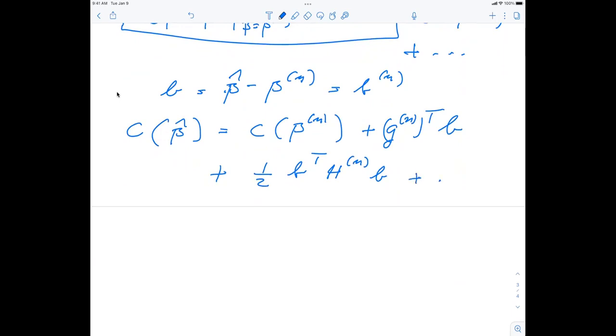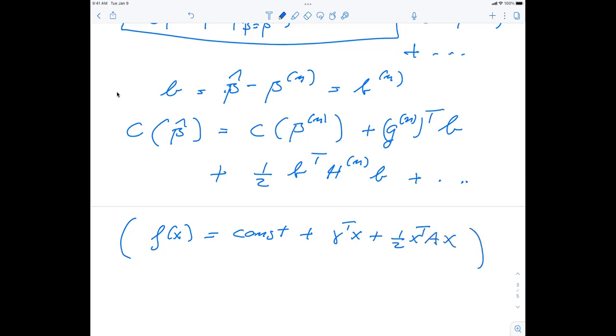So if we stop at second order, you see now that this looks like a function f of x equal to a constant plus, and this is a familiar function which we often encounter in the literature, where we have a constant and then we have a quantity gamma transpose multiplied with x plus 1/2 of x transpose A times x, where A is the Hessian matrix and this gamma is the gradient in our case. So this is a typical problem which you often encounter in optimization problems.